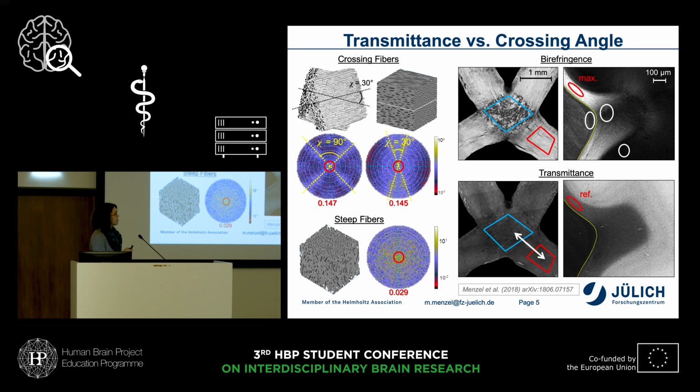So we identify the region with the maximum birefringence, because here we expect that we have a maximum of fibers, so a maximum of absorption. So when we now have a region with similar transmittance, we expect that this region contains in-plane crossing fibers, the region with lower transmittance to contain steep fibers, and a region with higher transmittance to contain less fibers.